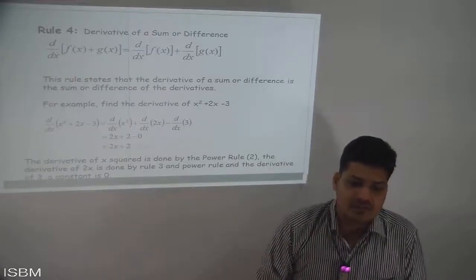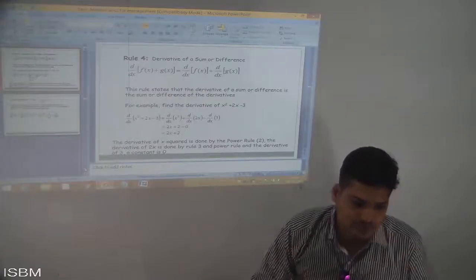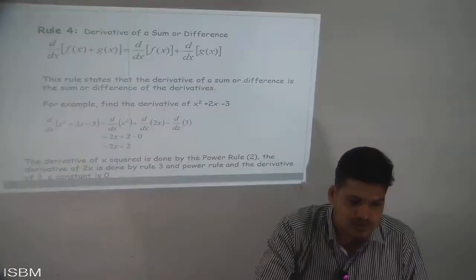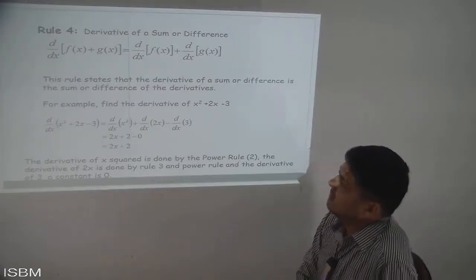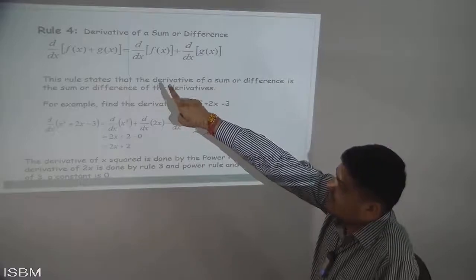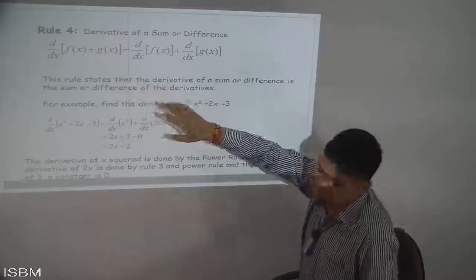So derivative of sum or difference. We can see here the derivative of sum and difference. So this is the sum. When you are going to take the derivative of a sum, d by dx f(x) plus g(x), we have to apply it to each and every function over here.